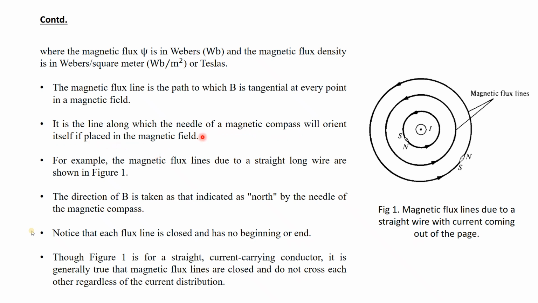It is a line along which the needle of a magnetic compass will orient itself if placed in the magnetic field. Now, how was this actually discovered? You cannot see the magnetic field lines. If you pass a current and connect a bulb, you will see the bulb glowing. That means current exists, electrical energy exists.